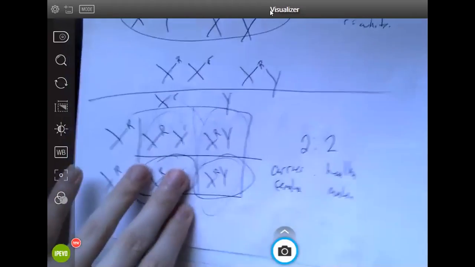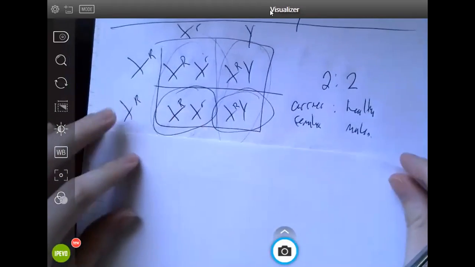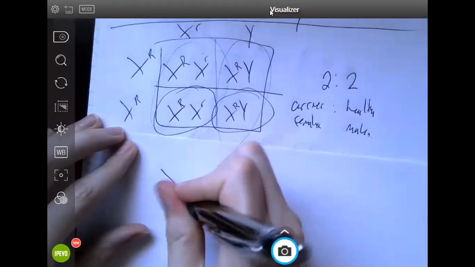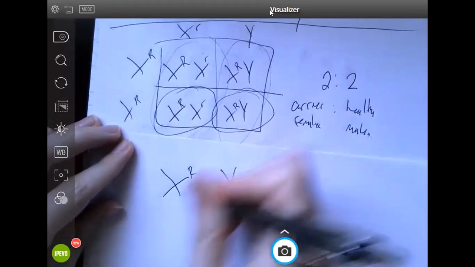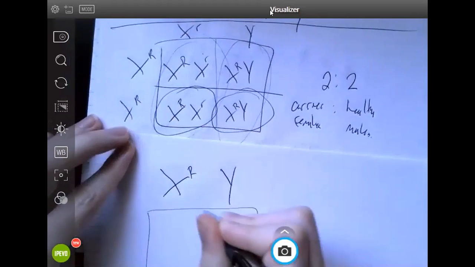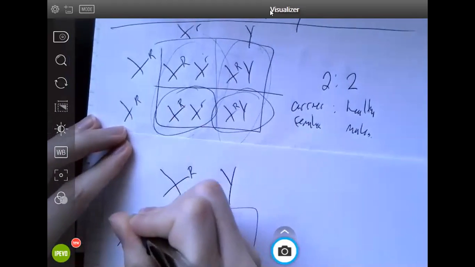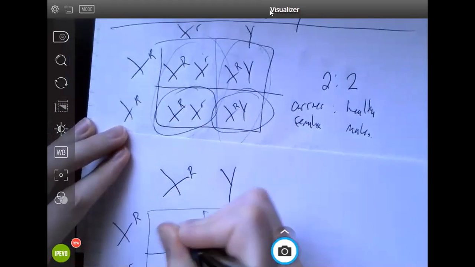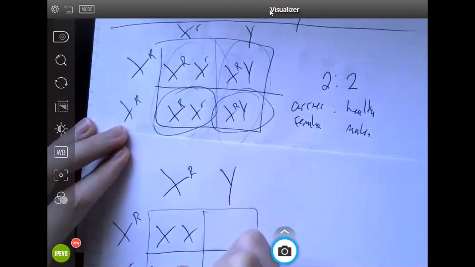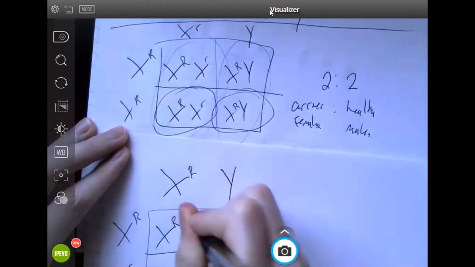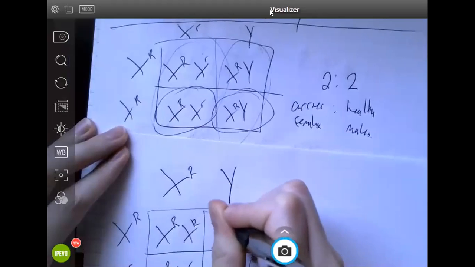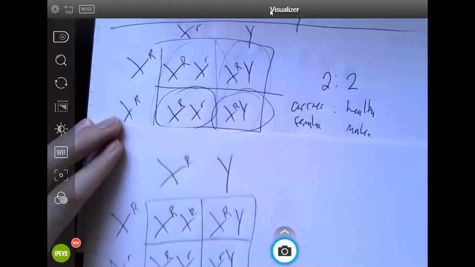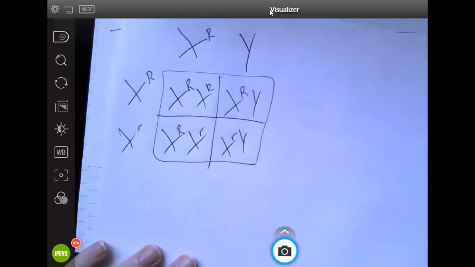So let's do that. So I'm going to take my healthy male and my carrier female and cross them. And it'll look like this.